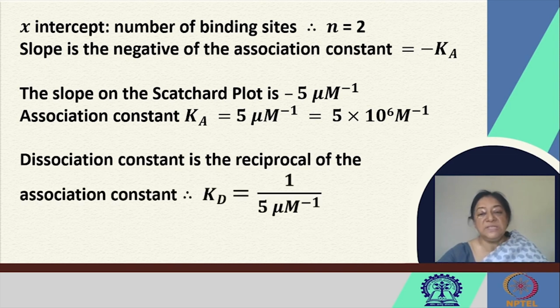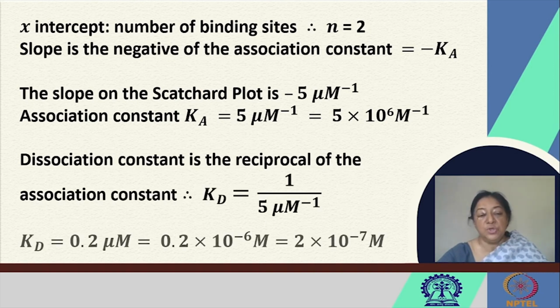So from this, Kd works out to be 0.2 into 10 to the minus 6 molar, that is 2 into 10 to the minus 7 molar. So this gives us an indication of how we can use the scatter plot to find out the number of binding sites and the association and dissociation constants of protein ligand binding.